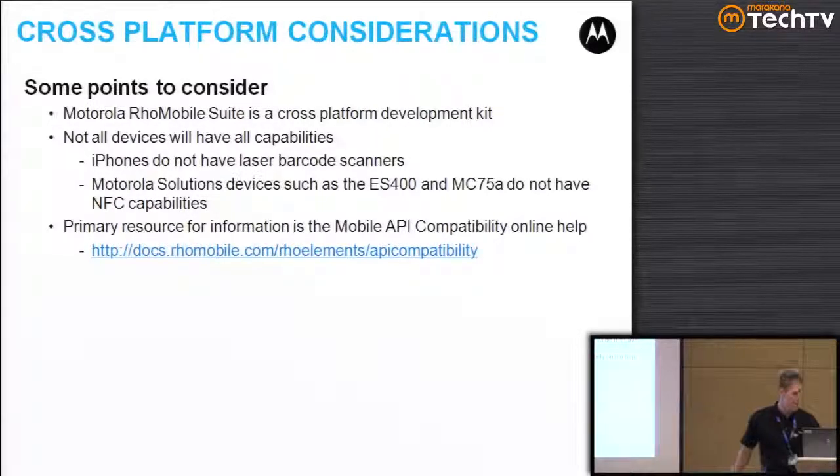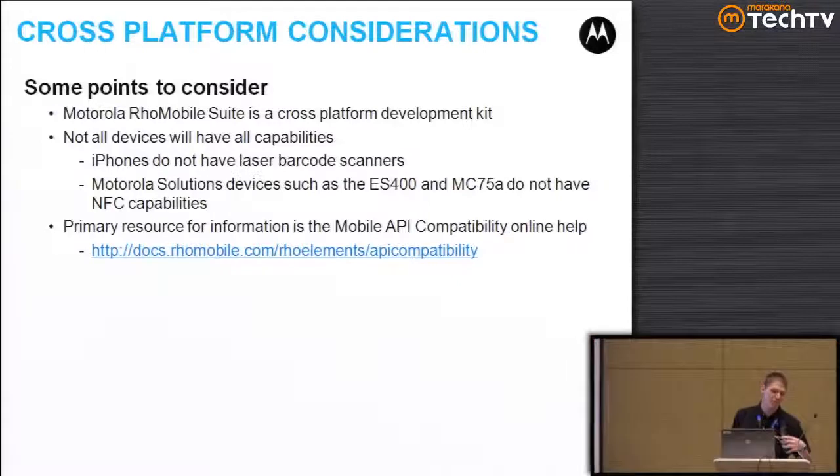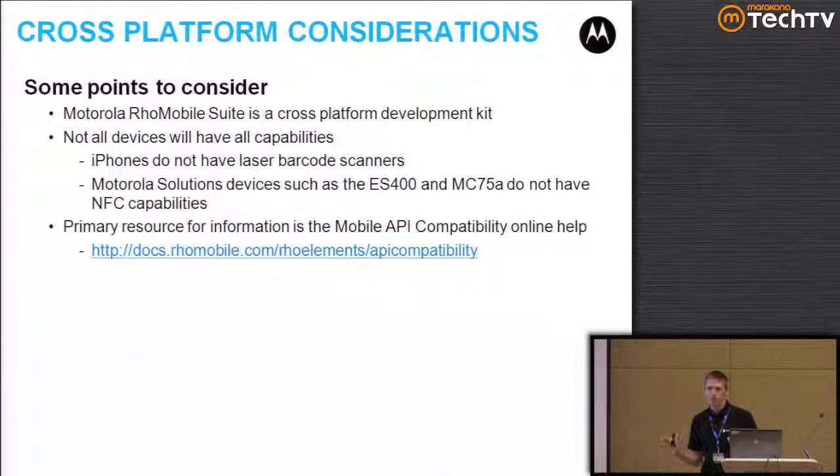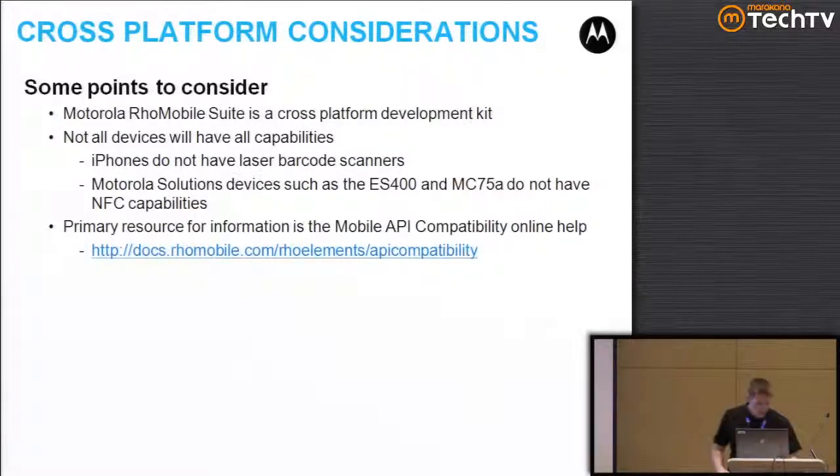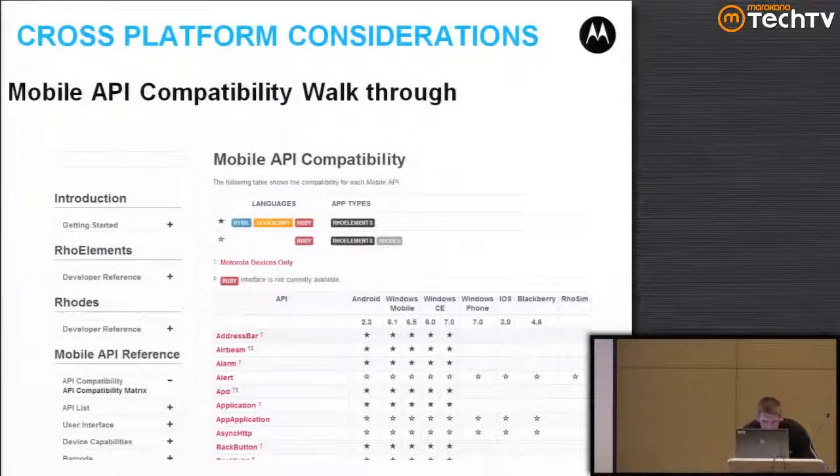Similarly, the MC75 here doesn't have NFC, so you're going to need to be a bit clever how you write your applications if you're going to be porting to a number of different devices. So the primary resource for this information is this online compatibility guide, and probably easiest, oh, I thought I had a link on here. If I pull it up in my browser.